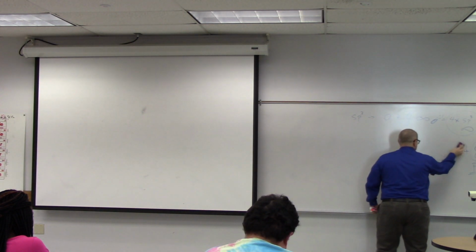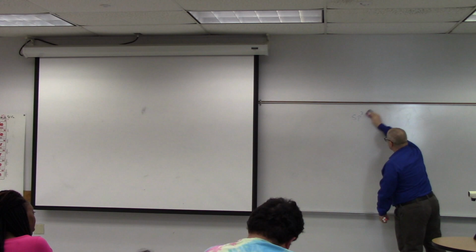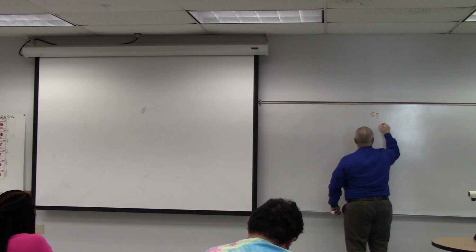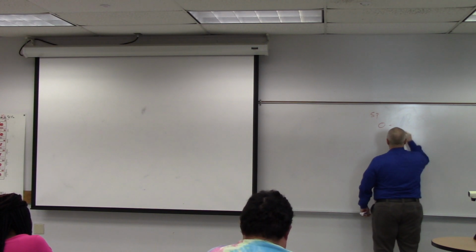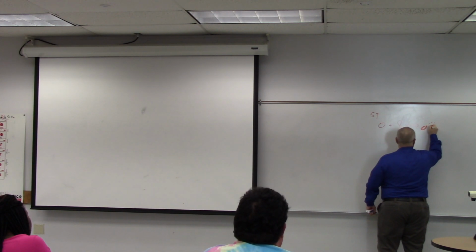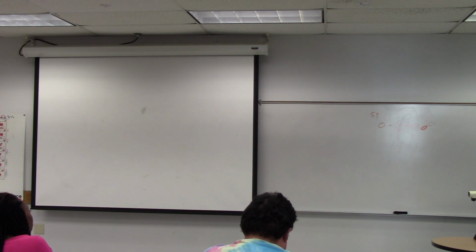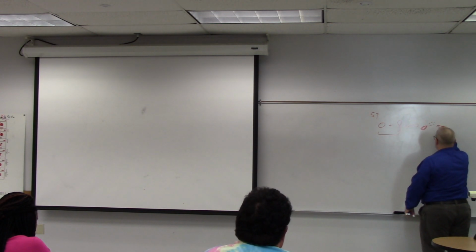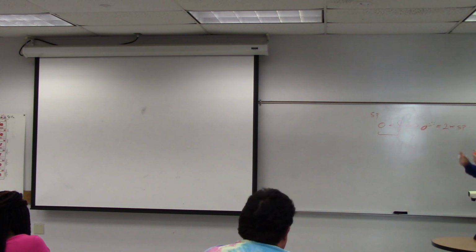Now, let's consider sp. So remember, we have an s plus 3 p orbitals. There we go, an s and 3 p's. We're going to take s and p and mix them together mathematically, and we're going to get 2 times sp, 1s, 1p.